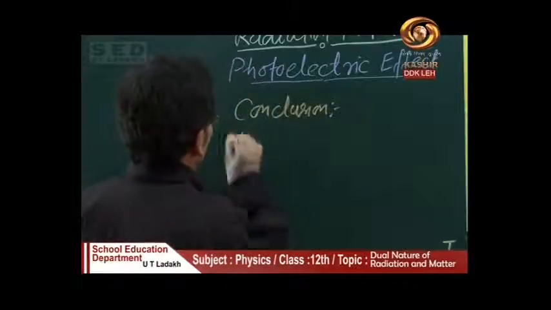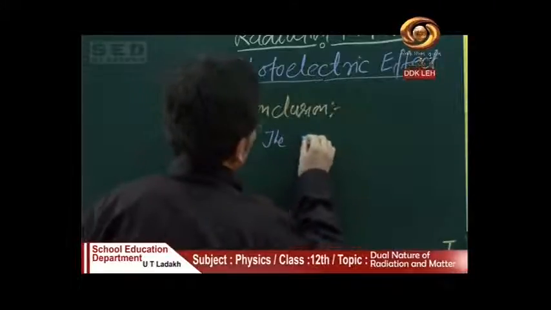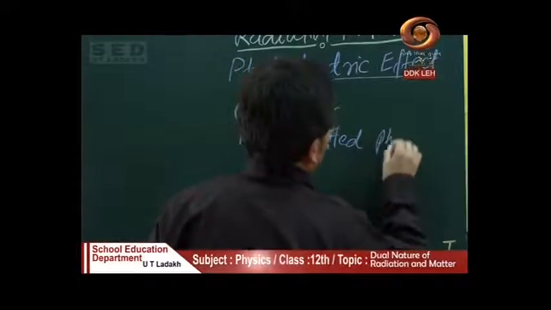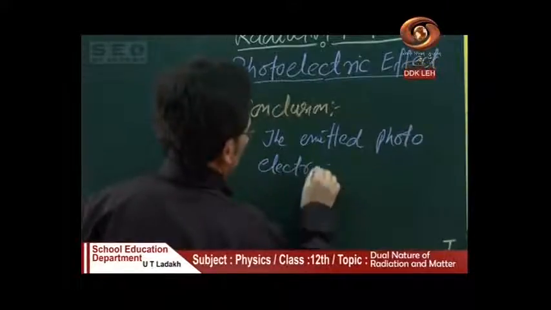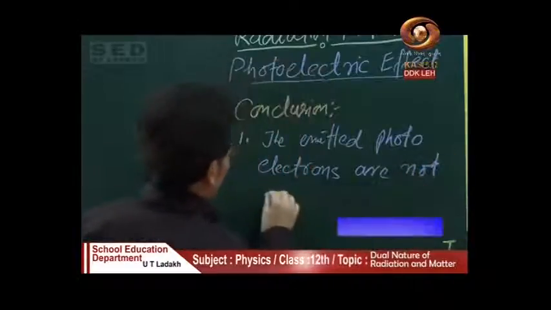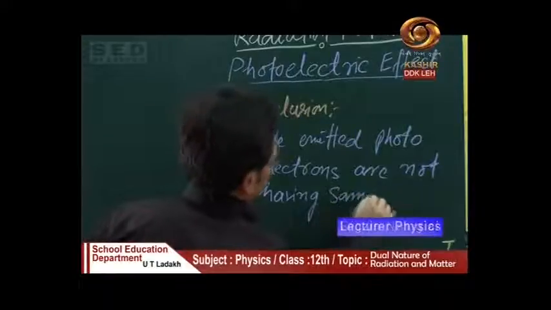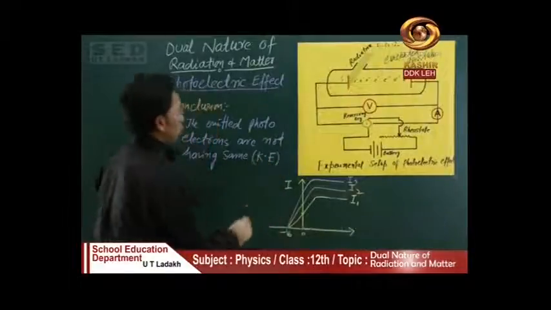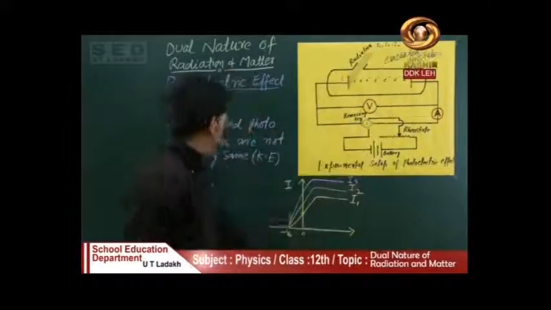So one thing is clear, that the emitted photoelectrons do not have the same kinetic energy. They are coming out from this metal surface with different kinetic energy.